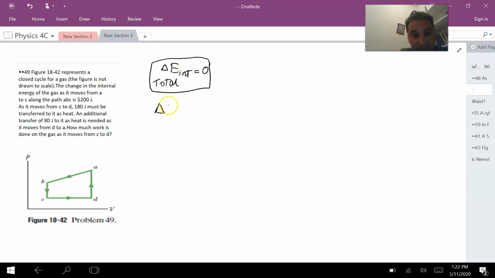But the question says the change in internal energy of the gas as it moves from A to C. So it's A, B, C, because you see the arrows go from A, B, C. The internal energy in the path of ABC is 200 joules. Sorry, this is negative 200 joules.